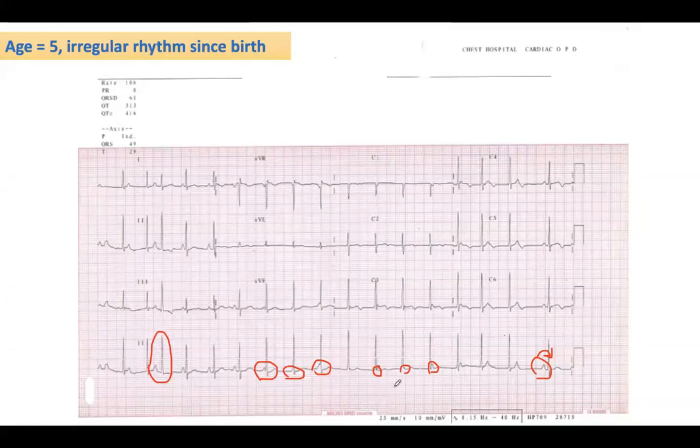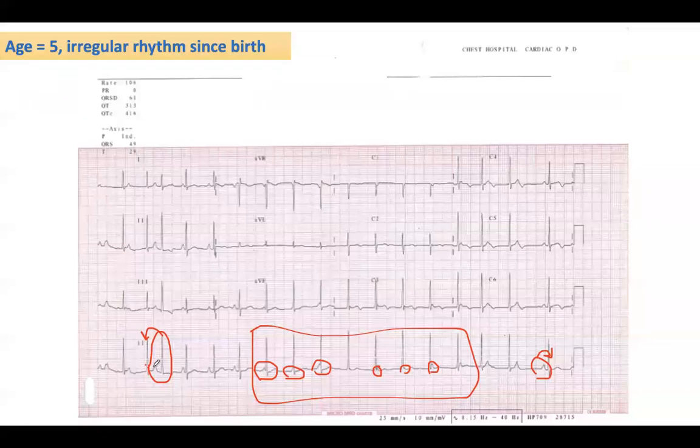So when you see AV dissociation, this is called AV dissociation where the P's and QRS's are not related, at least in some part of that ECG. And at some point a P conducts down the AV node with your typical QRS complex, although there is slight aberrancy here, but that P definitely went down the AV node, and that's why the RR interval here became shorter than the rest of your rhythm strip.